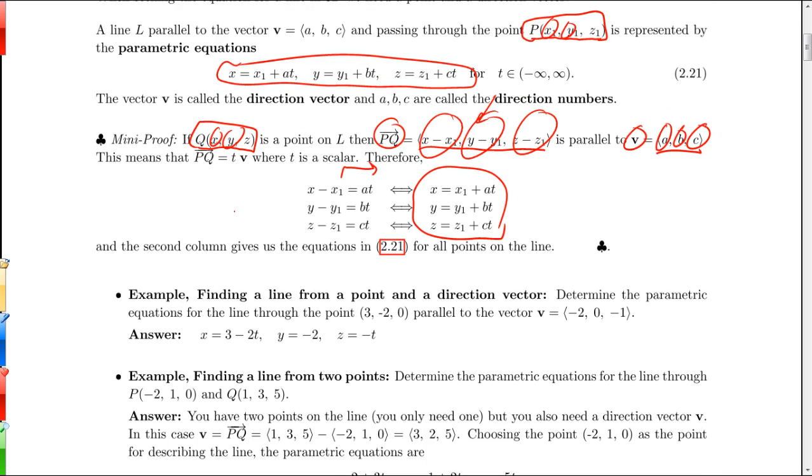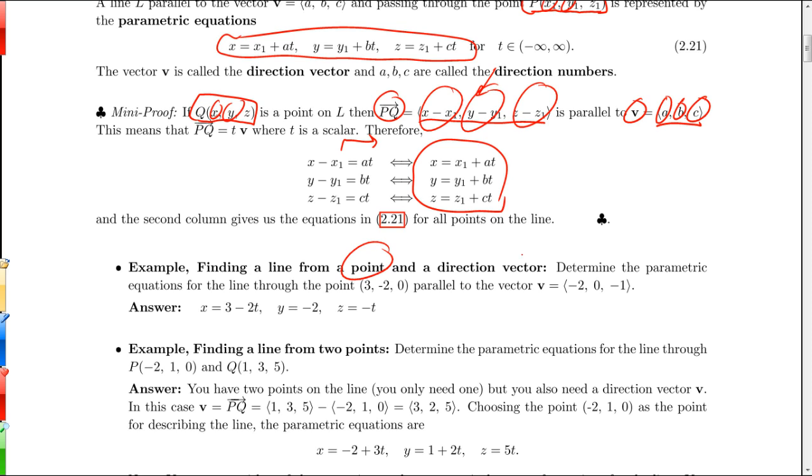If you're given a point and a direction vector, finding the parametric equations is really easy. For the x portion, it's just the x value of the point plus this times t, so it's 3 minus 2t. For the y portion, it's the y component of the point plus the y component of the direction vector times t.